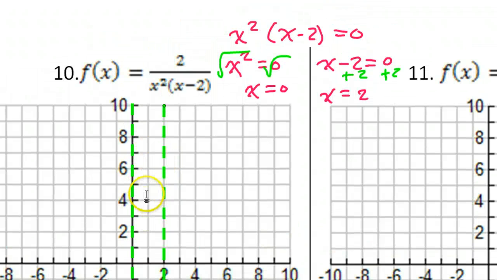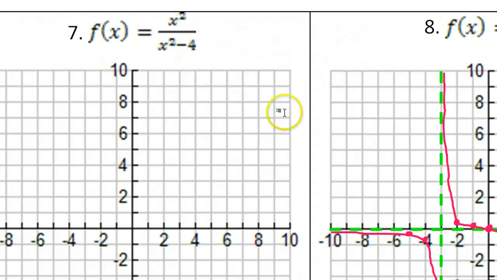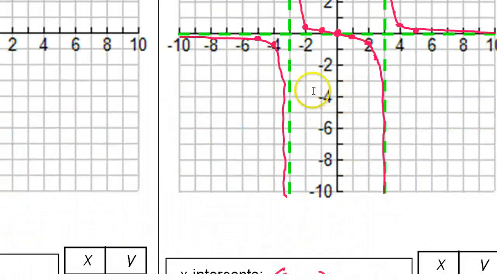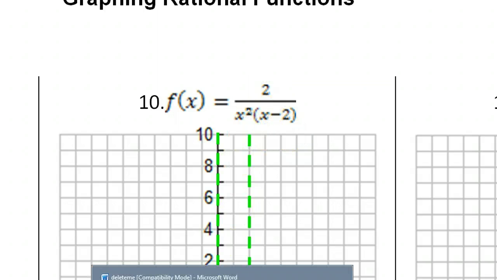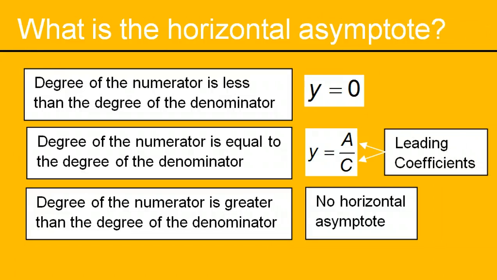Now, how about the horizontal asymptote? When I find the horizontal asymptotes, that's where I have to wonder about the degree. If I want to know about the horizontal asymptote, it depends.